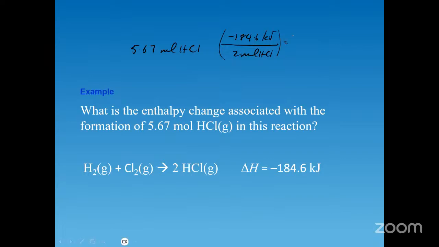So 5.67 times minus 184.6, divided by 2. According to my calculations, to 3 sig figs, the answer is minus 523 kilojoules. And that's how you do that.